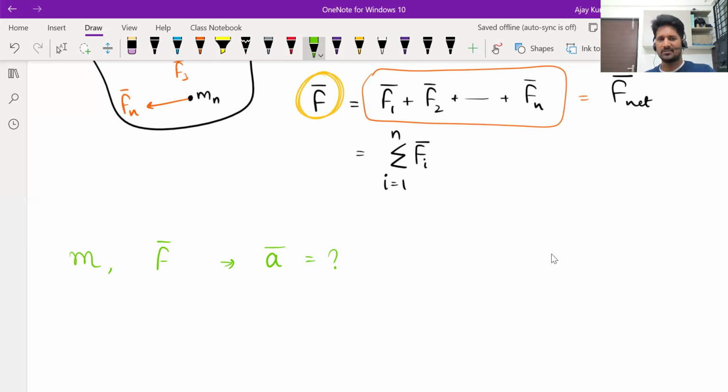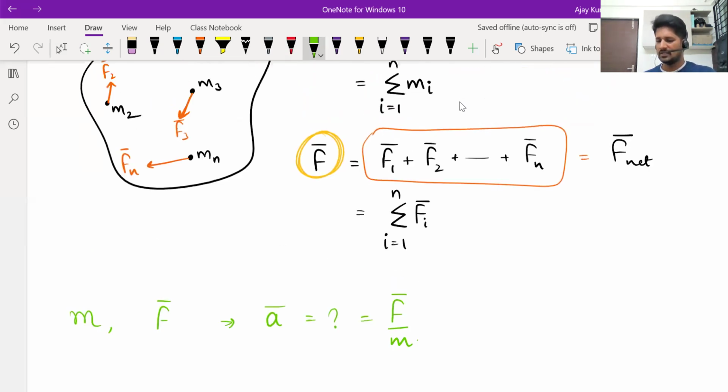You know net force and mass, how much is the acceleration? Pawan, your answer was not clear. Sir, F by m. Net force divided by mass is acceleration. Newton's second law.